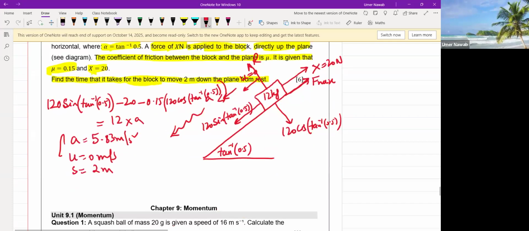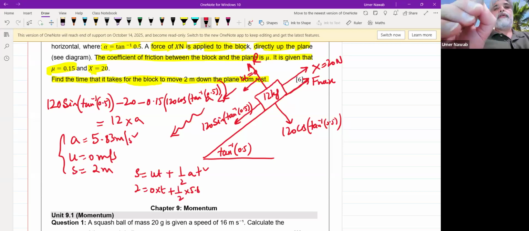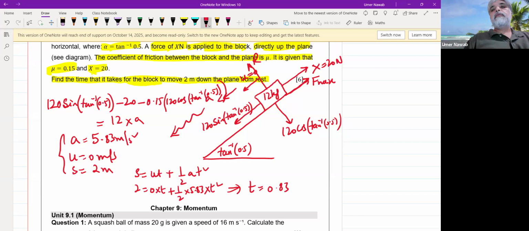If you know the three things, you can use the equation of motion. s equals ut plus half at squared. s is 2, u is 0 times t, plus half times 5.83 times t squared, which I actually want to find. So t will come to you equal to 0.83 seconds approximately, to two significant figures.